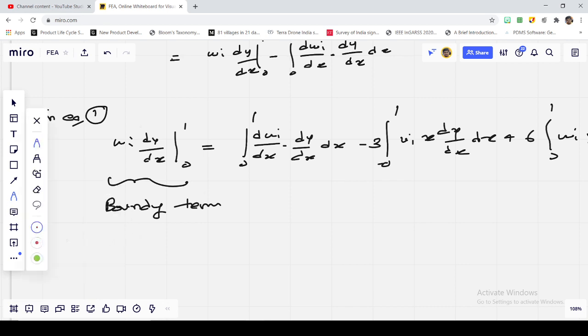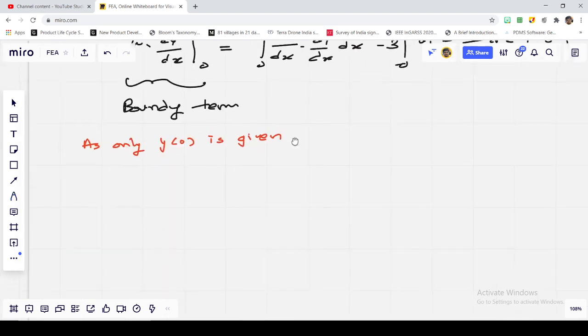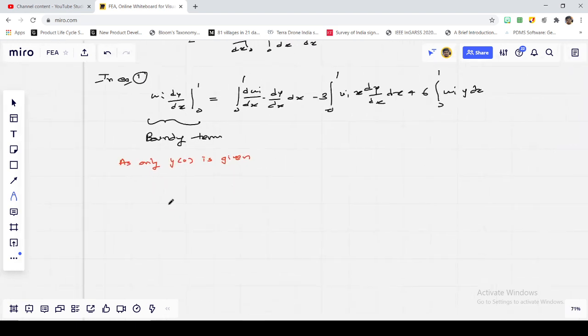In this case, as only one boundary condition, only y of 0, is given, we will assume the approximate solution to be y is equal to c0 plus c1x plus c2x square.